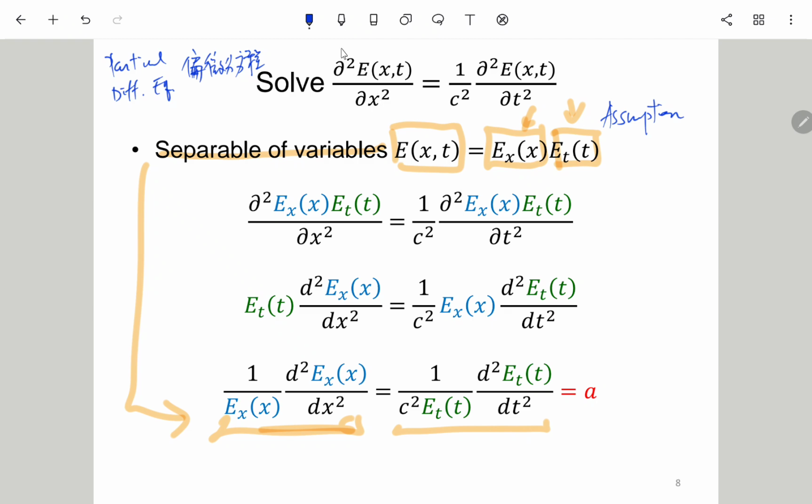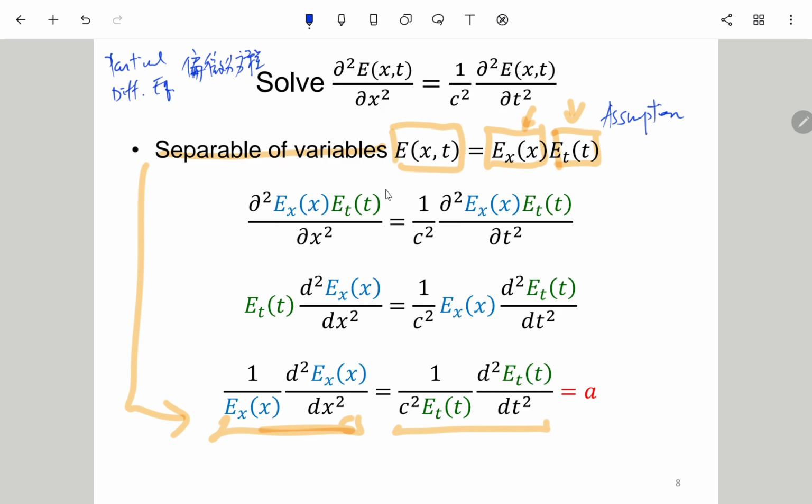So on the left side, it is a second derivative with respect to x. In that case, t is a constant with respect to x, so we can put it outside, and the remaining part is only a function of x. So we change this partial derivative into an ordinary derivative.